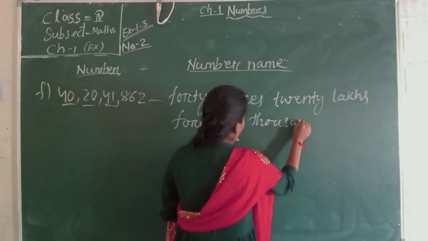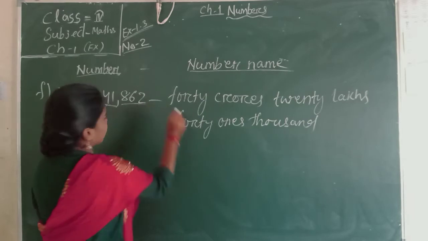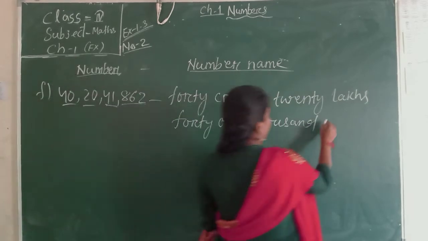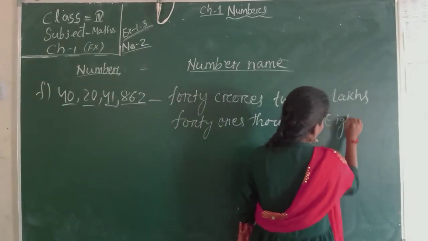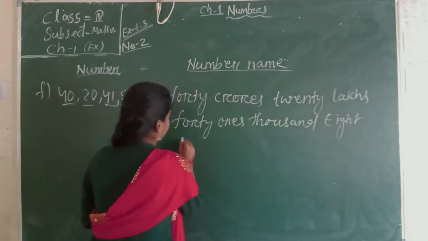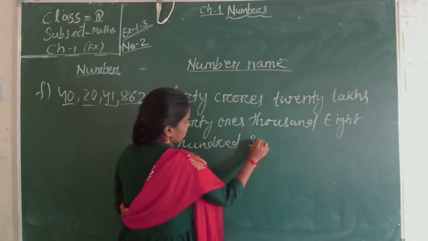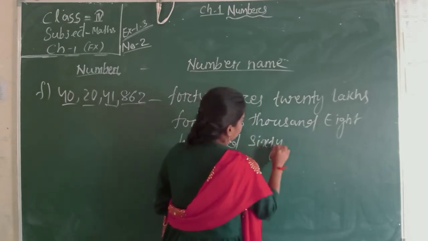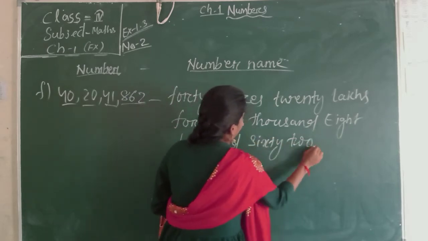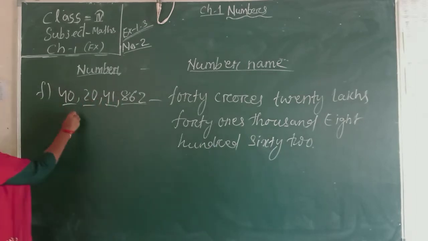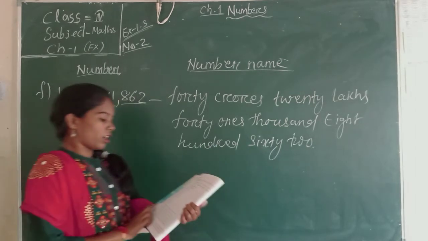And the last one is 862. So right here 862. Okay, this is the number name for this number. Okay, students.